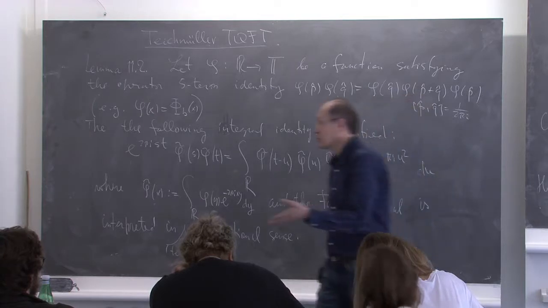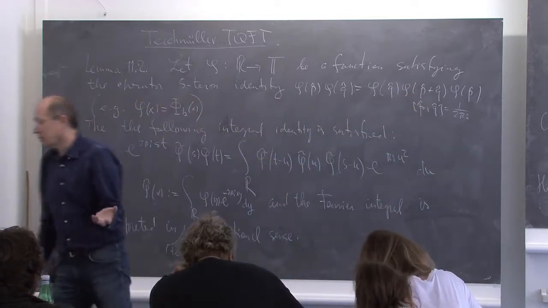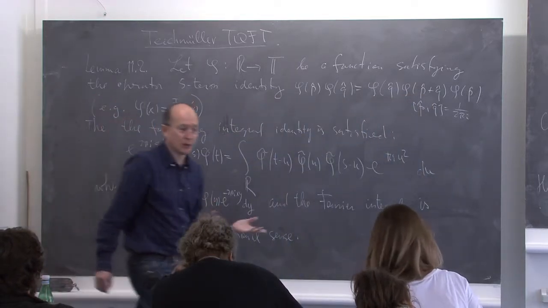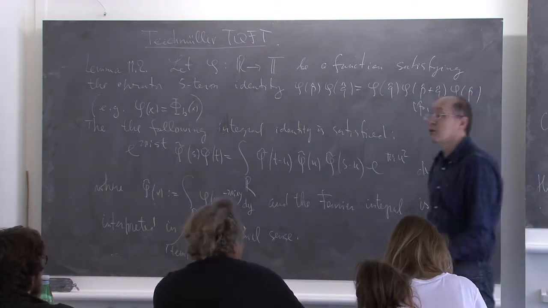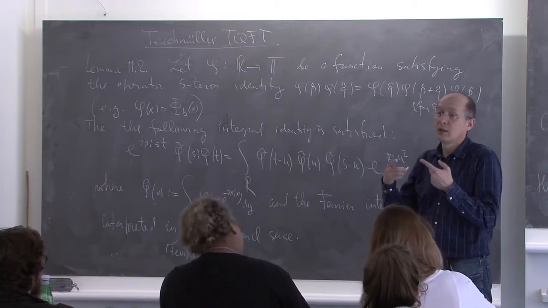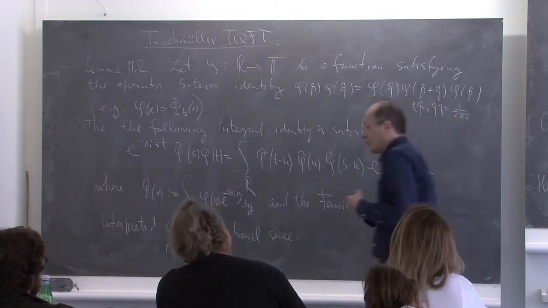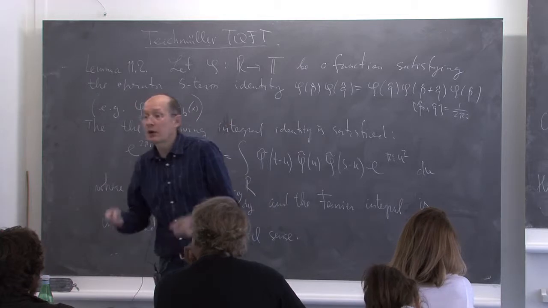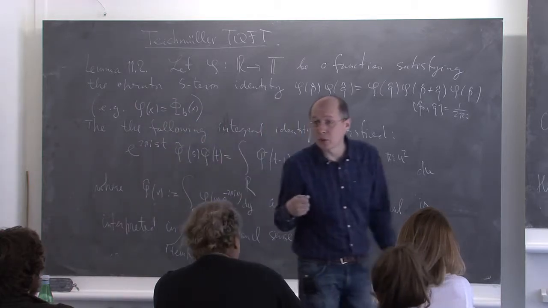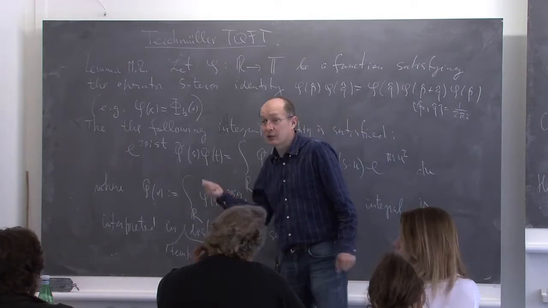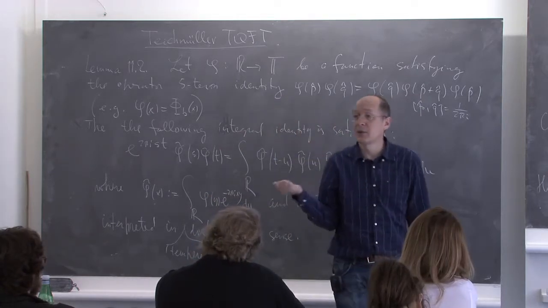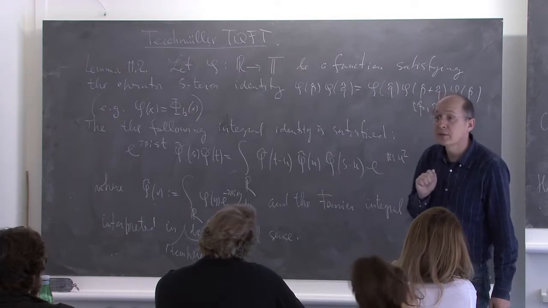But tempered distributions form the topological dual of the Schwarz space of smooth functions decreasing rapidly, more rapidly than any polynomial growth. And the Fourier transformation is a well-defined map of the Schwarz space to itself.